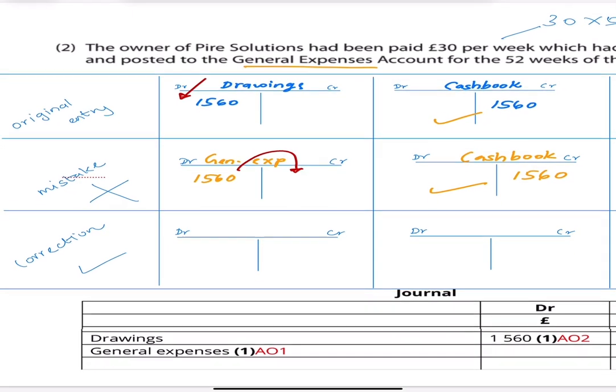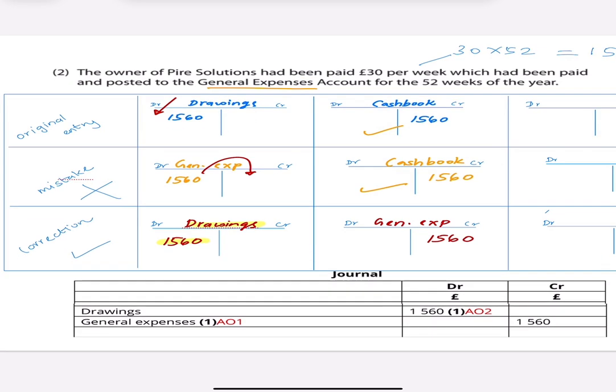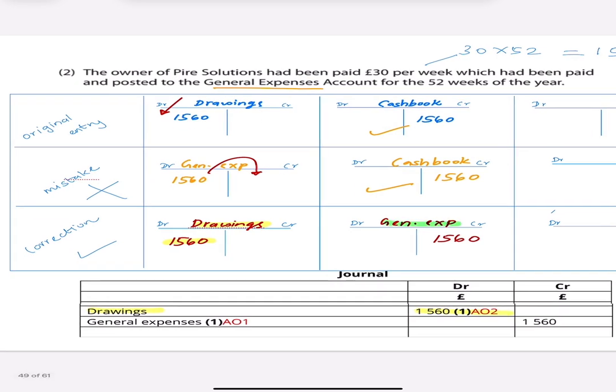Therefore, in order to correct this error, drawings debit by 1,560, credit general expenses by 1,560. Therefore, let's conclude the double entry now. Drawings account debit and credit general expense account.